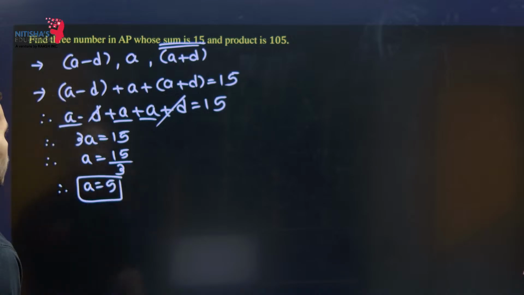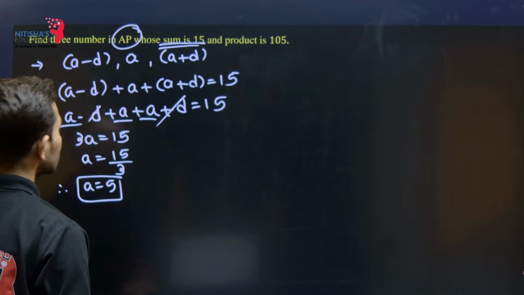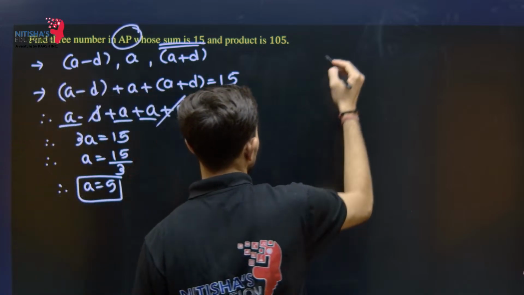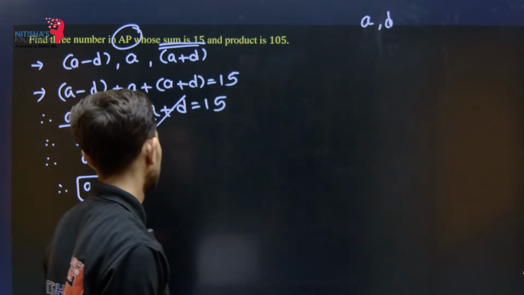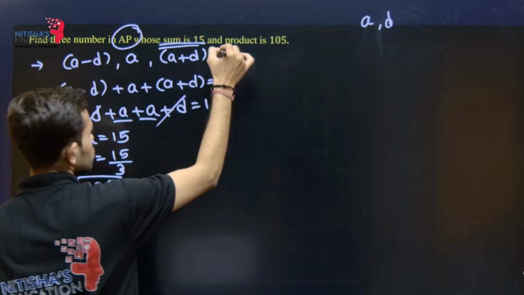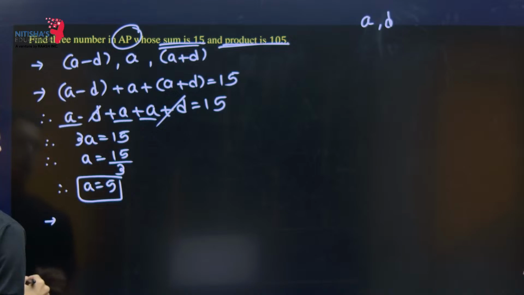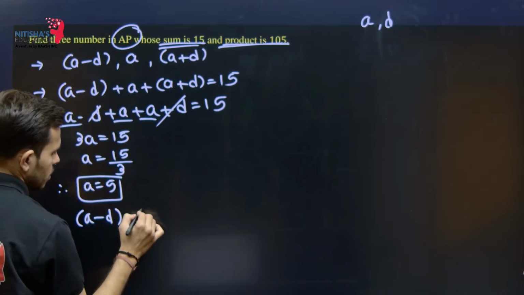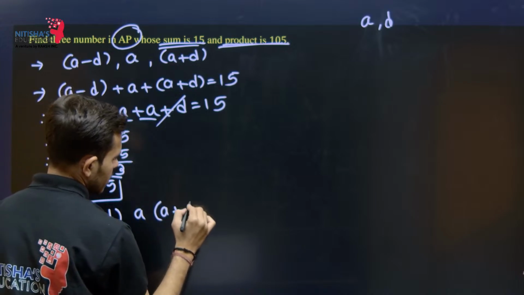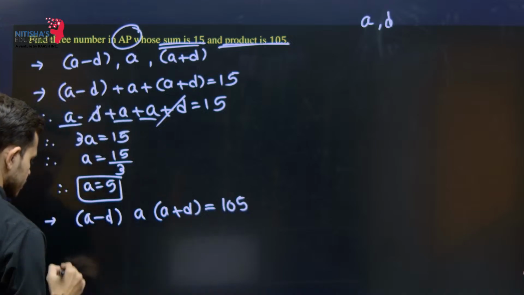Okay, we got 5, but we need to form the AP, and as we just discussed in the previous question, if we want to form an AP, we need both A and D. Now, let's use the other part, which is that the product is 105. So take the product of these 3 numbers, A minus D, A and A plus D, is equal to 105.